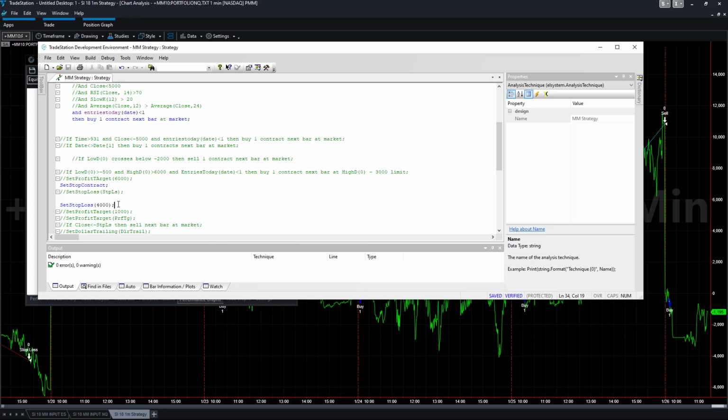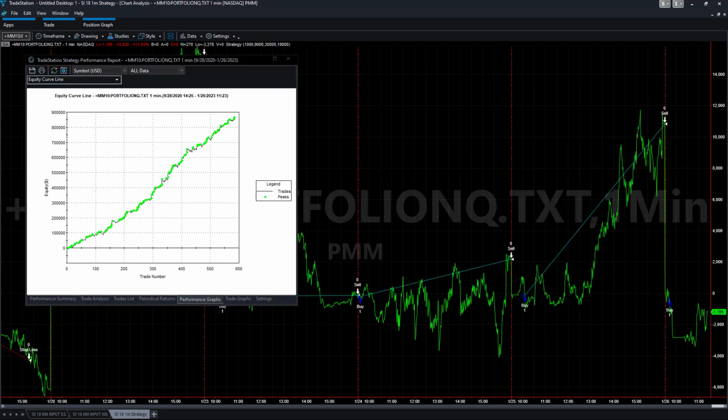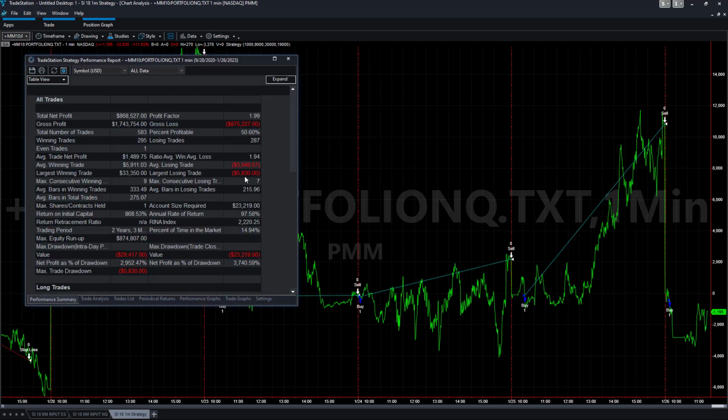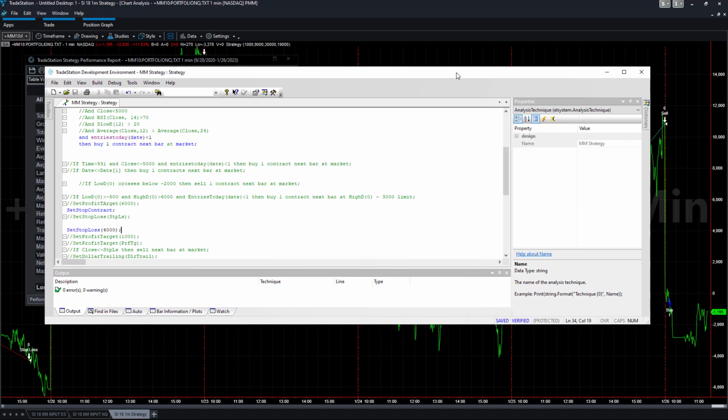So you see our stop loss is 4,000, but our worst losing day is around 5,800. Here's the equity curve. Because we're exiting at the end of a 1 minute bar, not intra-minute. So 58.30, 23,219 is the max trade drawdown. Your total net profit is less, and so it's pretty nice to have this concept in here.